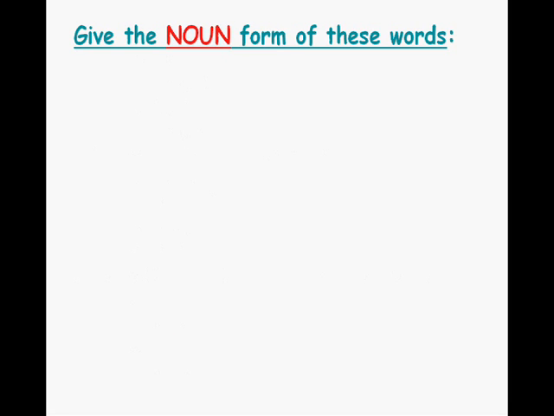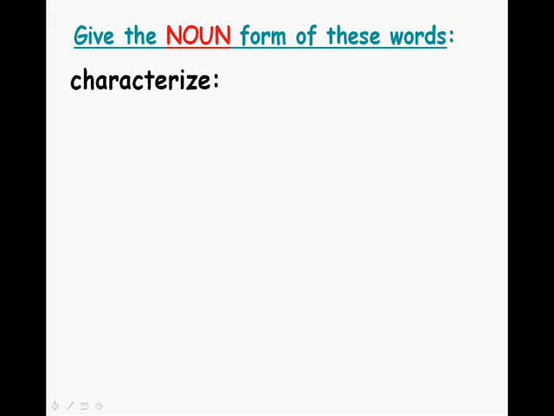Now, there is another style of exercise where you are going to give the noun form of these words. I will just present you a word and you are to give the noun form, okay? Criticize. Remember, in our previous lesson we talked about the verb, and so the verb ends in I-Z-E, okay?